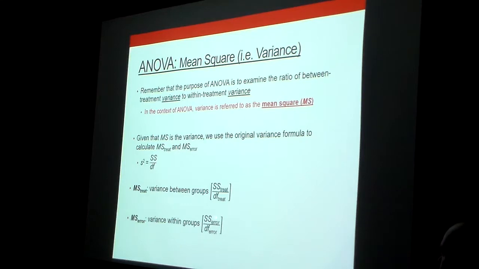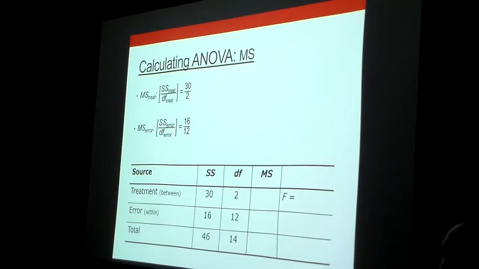Same thing, our sum of squares error over degrees of freedom error is going to give our mean squared error for our variance within groups. Easy, straightforward. All we have to do, mean squared treatment, 30 divided by 2 gives us this, 16 divided by 2 gives us this, 15, 1.3, easy to calculate and put together once we've got our mean squares.